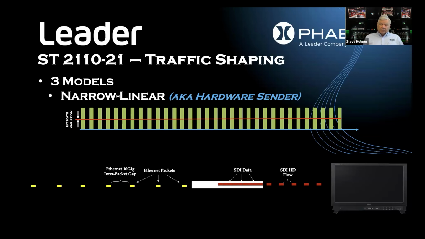And then we've evolved because we're now in a world where we're only moving the active picture. The HANC and VANC data are a separate essence.